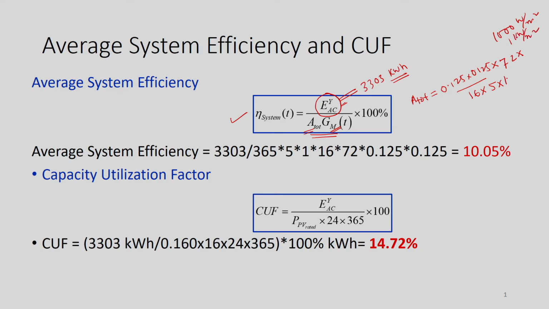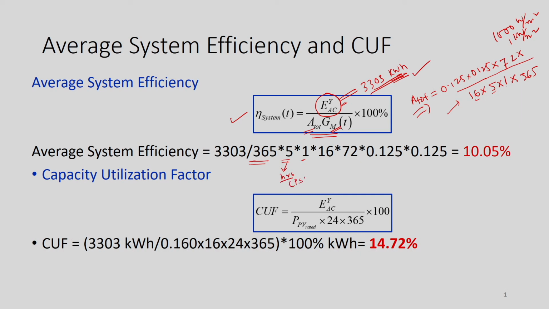So, what I will write is 1, because here also it is in kilowatt, okay. The yearly energy yield in the AC side is also in kilowatt hour. So, this has to be in kilowatt hour, okay. So, this 16 into 5 into 1, and how many days? It is 365 days, okay. So, it becomes the yearly amount of radiation received by the solar panel, right. So, this is 365 into 5 into 1, this is 5 hours, okay.